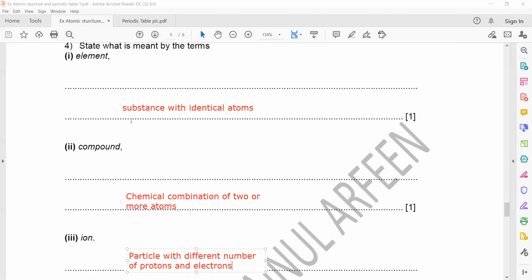If it has an equal number of protons and electrons, then it will not have any charge, so it will not be an ion. We simply call that an atom. Basically we talk about the particle at atomic level, so instead of using the term substance, you can use the term particle.